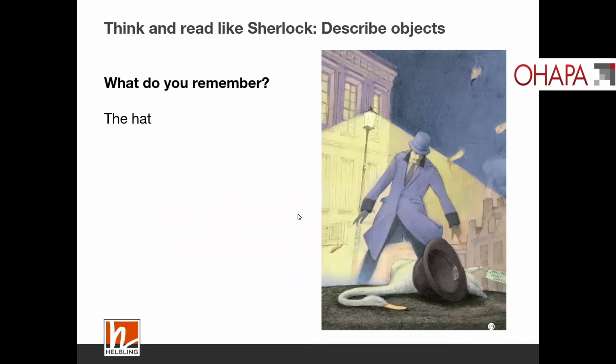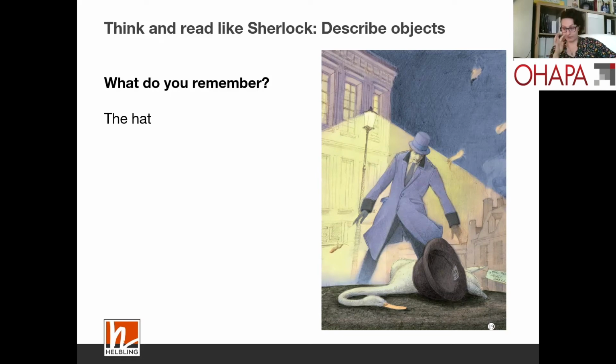So when you have done the reading bit, or when your students have probably read the text at home or in class together, then you can ask them what they already remember. So they can use the illustration to describe a hat and point out little details, like there's a label and there's another little label on the goose, and what's really happening here. So you can use observation and description skills, and you can use the narrative tenses to describe the event itself of what happened.